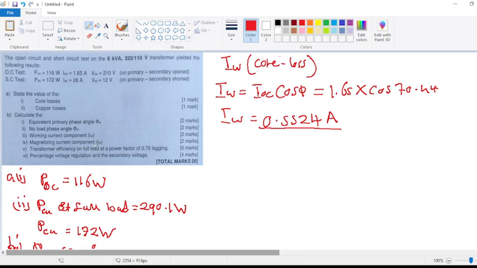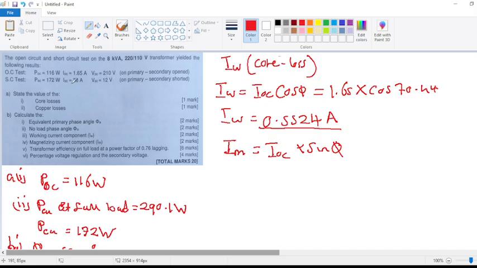Then the magnetizing current. How do we calculate the magnetizing current for number 4? The magnetizing current equals the same open circuit current multiplied by sine theta. The magnetizing current is the reactive component of the open circuit current.